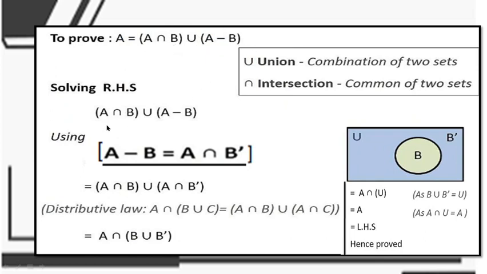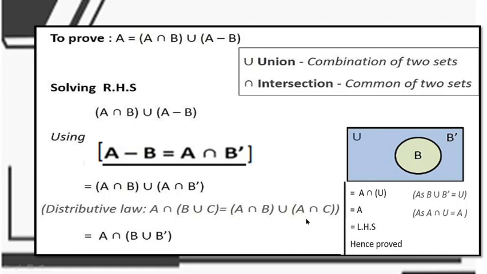Now let's take the right hand side, (A intersection B) union (A minus B). Here we have just proved that A minus B is equal to A intersection B complement. Let's use this. A intersection B as it is, union, and for A minus B we can write A intersection B complement.